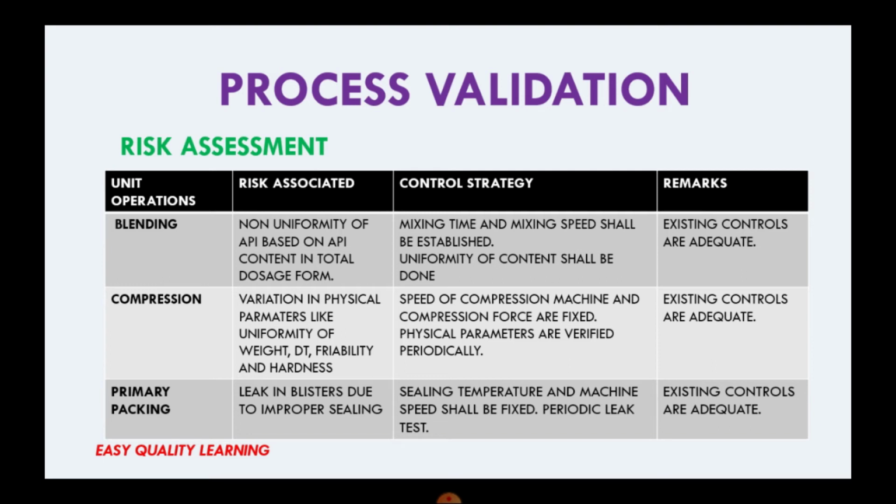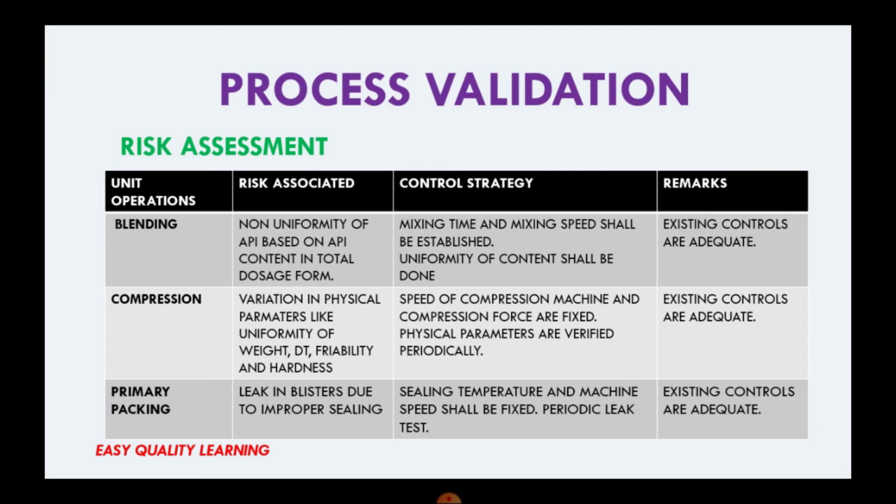And uniformity of content shall be done. We are verifying the uniformity of blend by taking samples from various locations, and then verifying whether the API content is correct at all the locations or not.